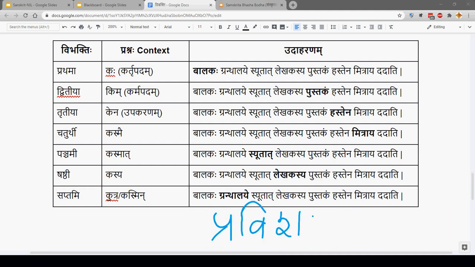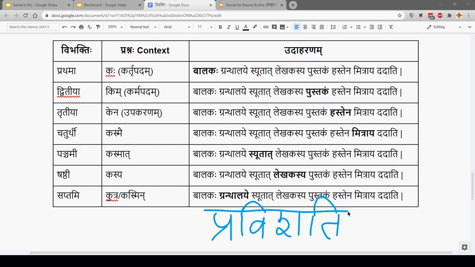Pravishati means enters. So here also there is a kind of motion involved, going. In English you can say whatever, I don't know whether it's transitive or intransitive, what you call it, but in Sanskritam it becomes transitive.